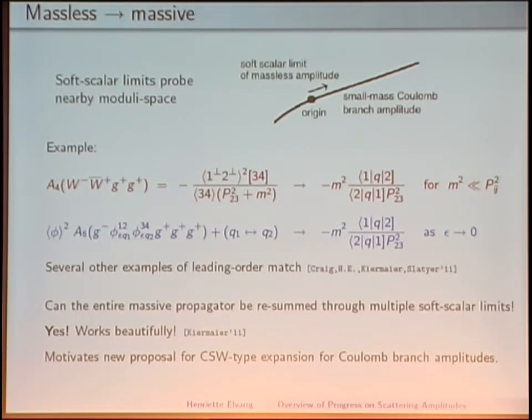And you sum over all these in a prescribed way, and you reproduce the entire massive scattering amplitude. So this motivates, in Michael's work, a new proposal for a CSW-type expansion for tree-level amplitudes and possibly also loop integrands at the Coulomb branch. So that's another method of constructing these massive amplitudes.